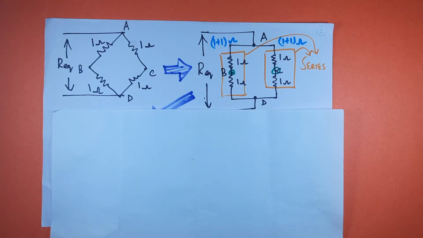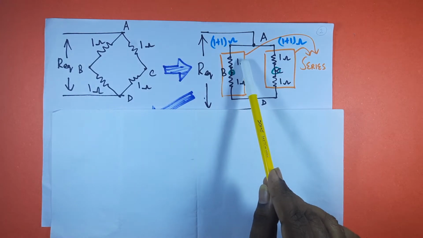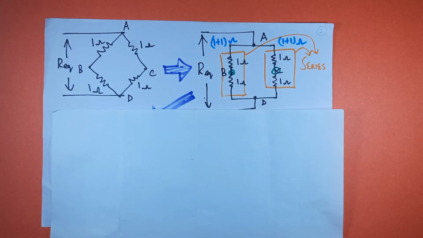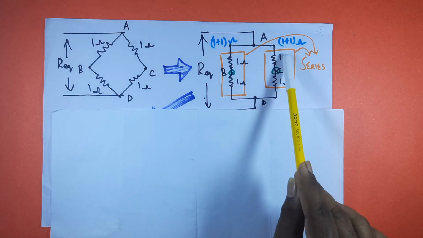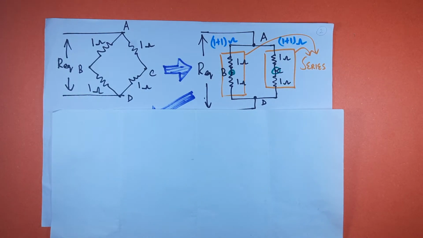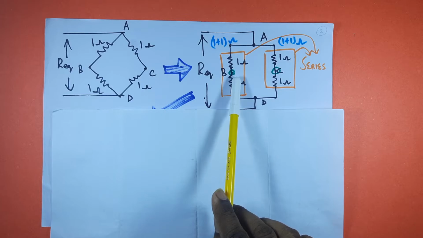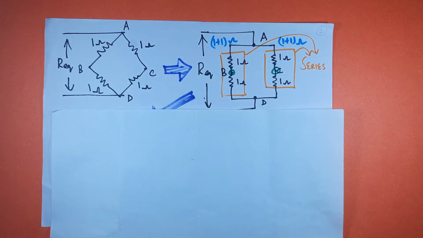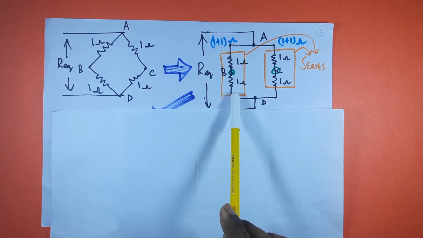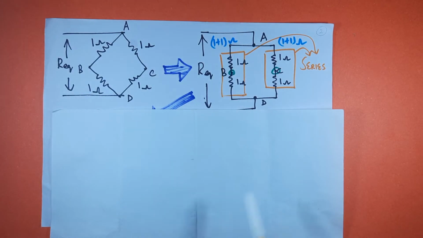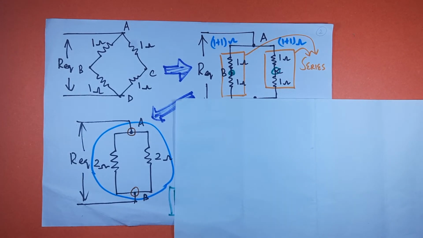You can see these two 1 ohms are connected in series and these two 1 ohms are connected in series, because B is only one common point, C is only one common point. So you can combine these two, 1 plus 1, 2 ohm. You can combine these two, 1 plus 1, 2 ohm. Next, you will be getting like this. So we have 2 ohm, 2 ohm.